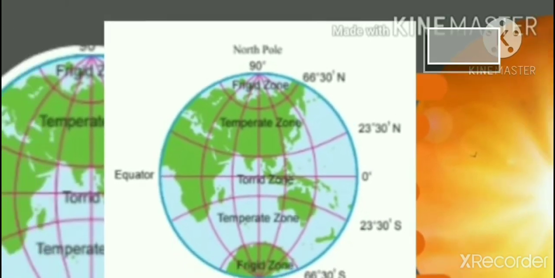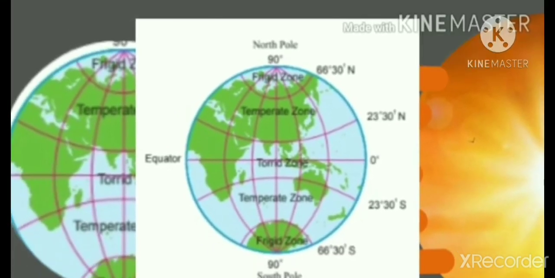Okay, now you have understood, right? So here today we have learned an experiment as well as how the rays fall on the earth, and the rays which are perpendicular are going to occupy less area, and it will be hotter. Okay, the areas will be extremely hot, and the slant rays are going to occupy a larger area, but the area will not be as hot as with a perpendicular ray.